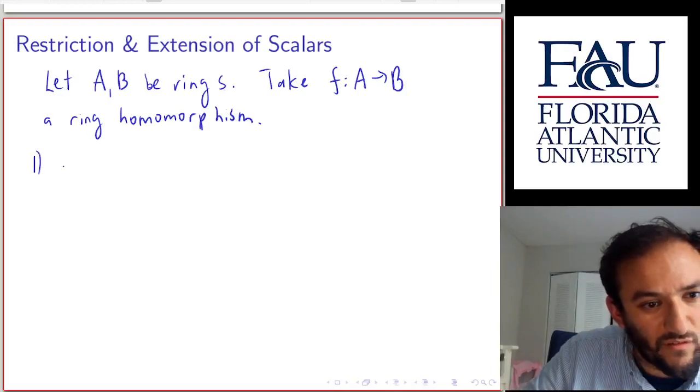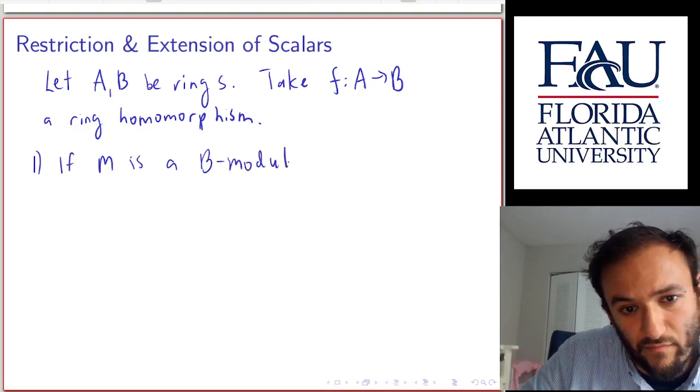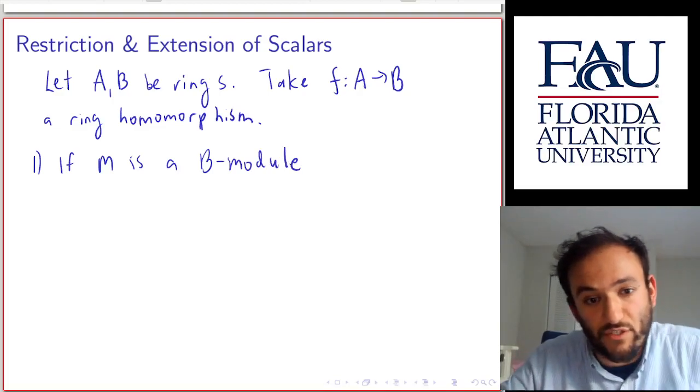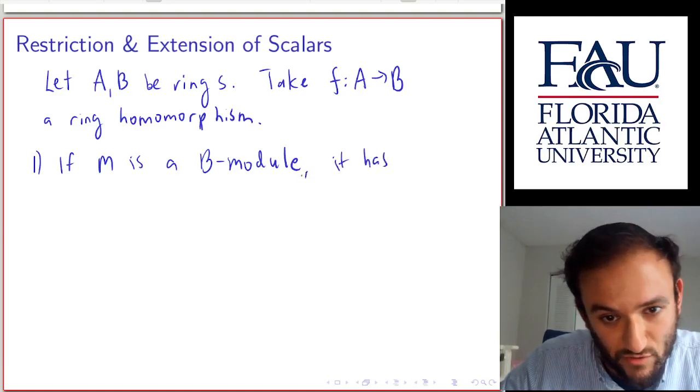Okay, if M is a B module, it's not hard at all to give it the structure of an A module, so we just need a way to multiply by elements of A. So it has an A module structure.